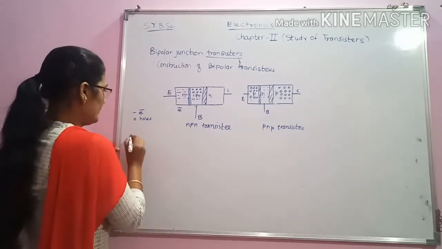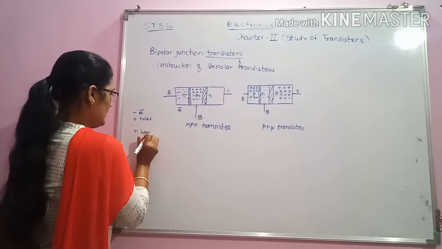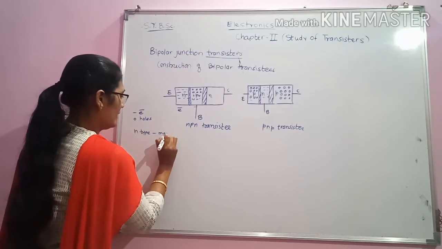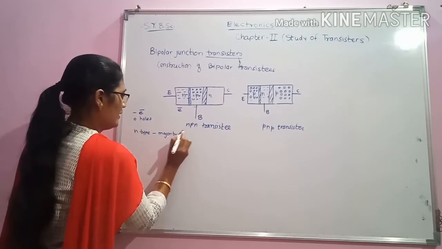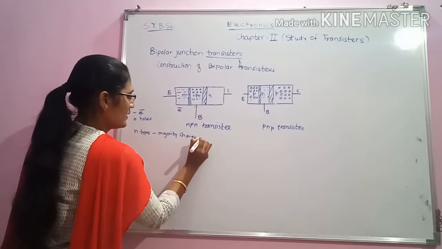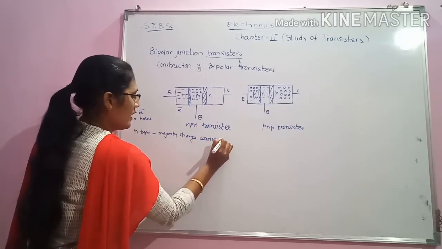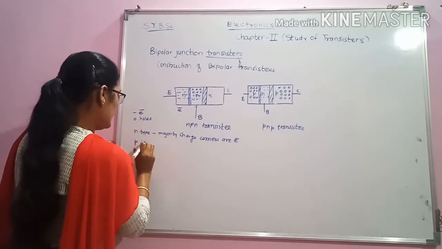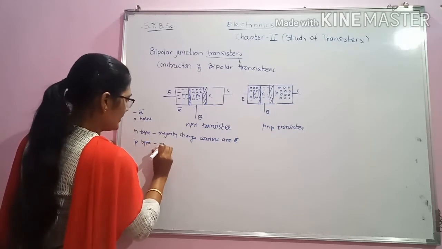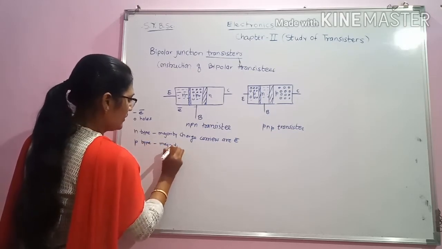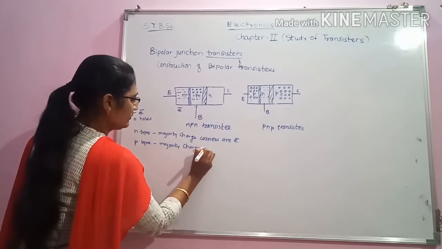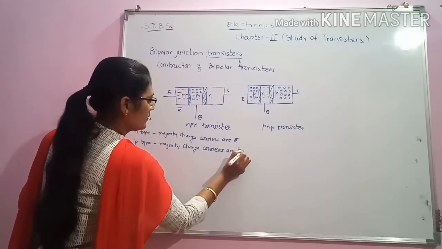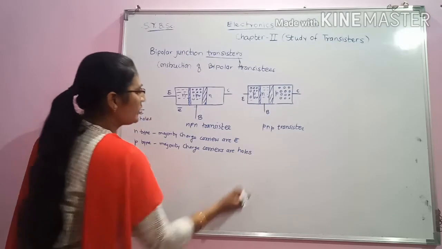In n-type semiconducting material, the majority charge carriers are electrons, and in p-type semiconducting material, the majority charge carriers are holes. Absence of electrons is nothing but holes.